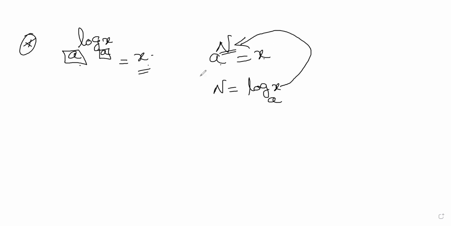This is pretty simple. We know that a power n is equal to x to start with. So we can write n is equal to log x to the base a, by the definition of logarithm. So replace n here.